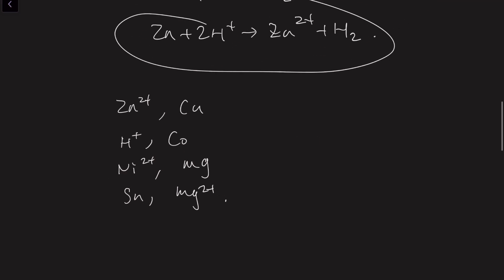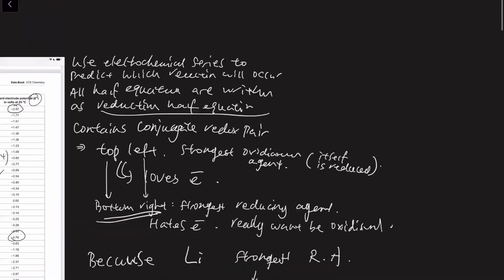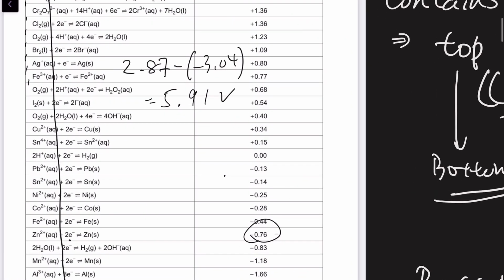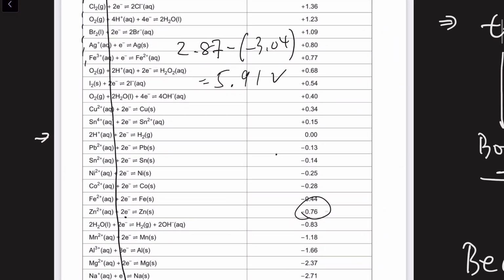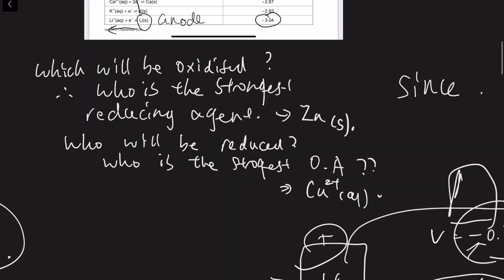Let's have a look. Zinc 2 plus and copper. Copper is here. Zinc 2 plus is here. To form a positively sloped line. So the reaction would not occur.